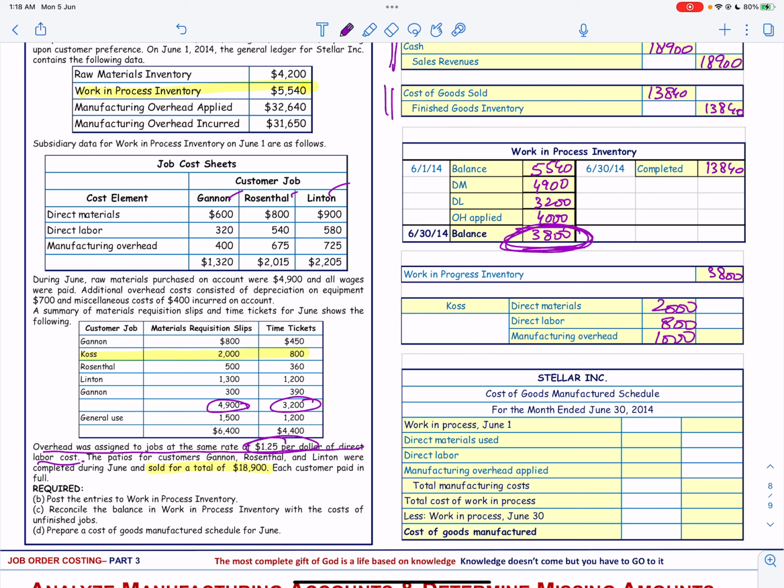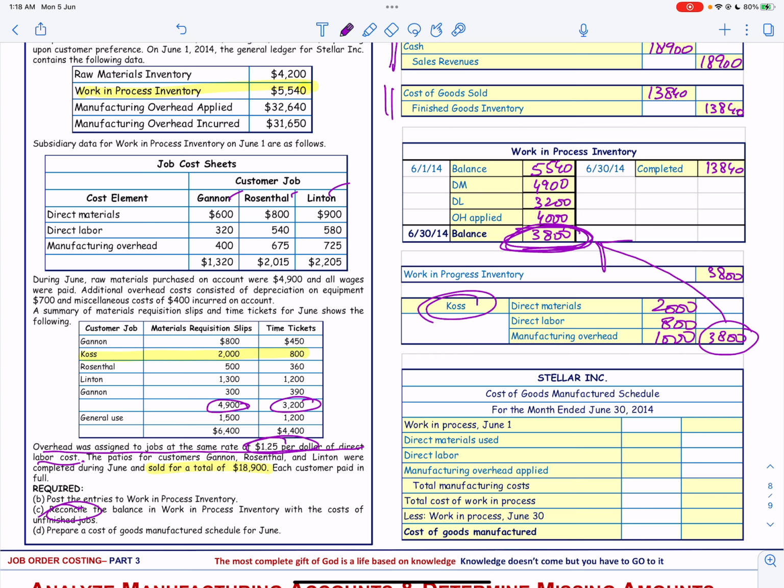So the total is 3800, and that's how we have reconciled the balance in work in process with the cost of the unfinished job for one of the customers.